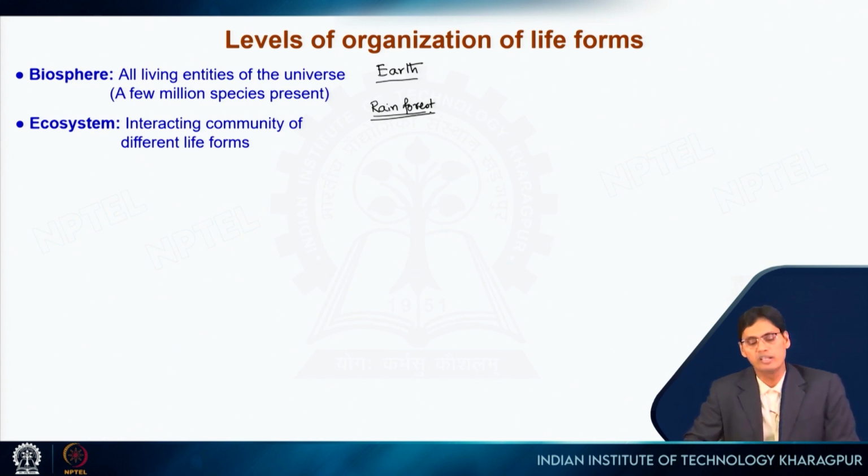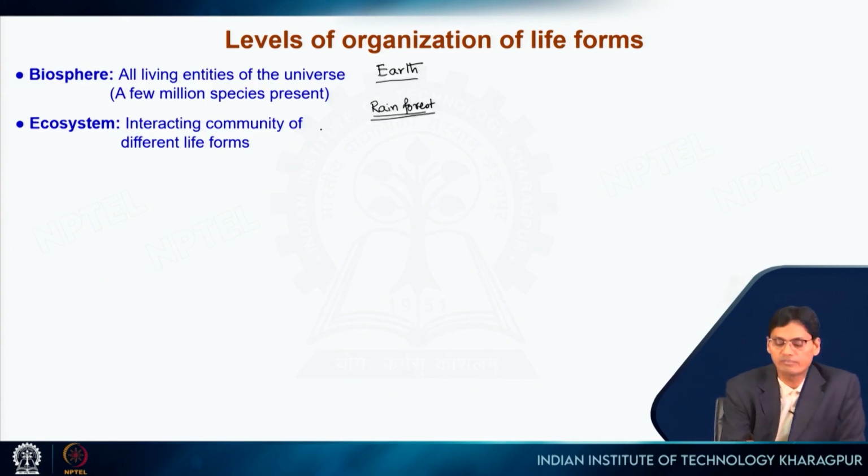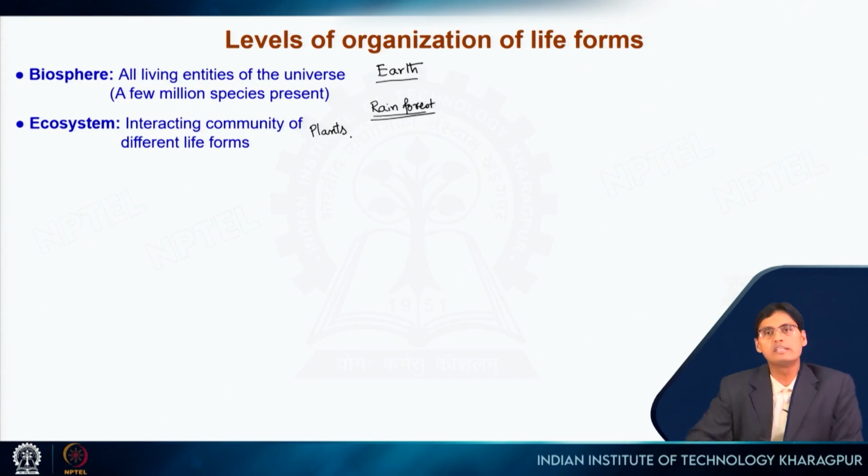In a rainforest ecosystem you have different types of plants, trees and some small grasses. Then there are insects depending on these plants, eating some of those plants.